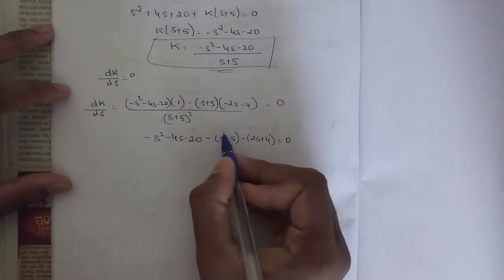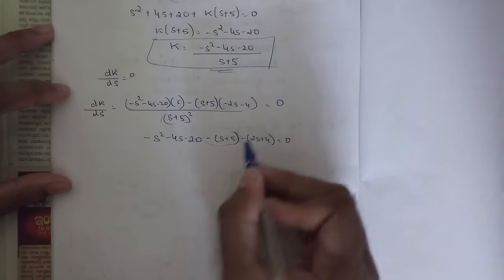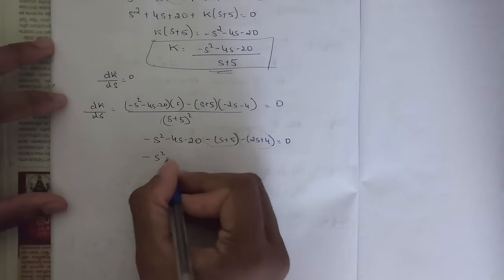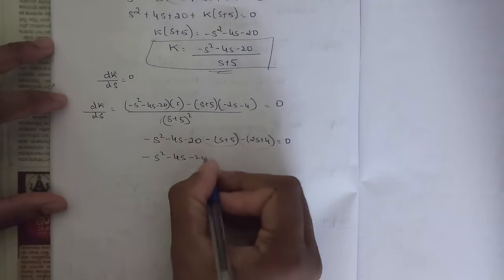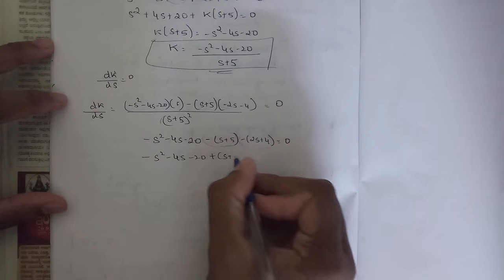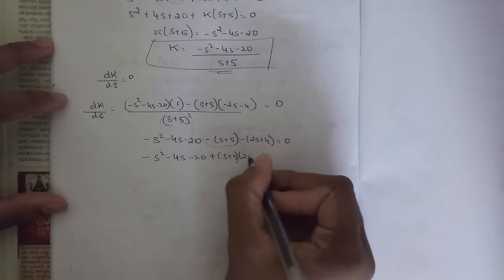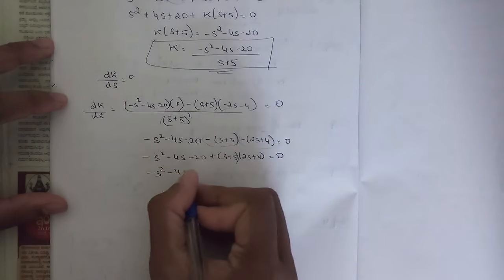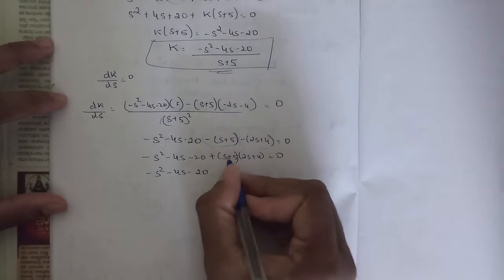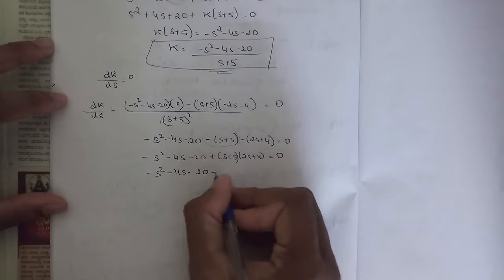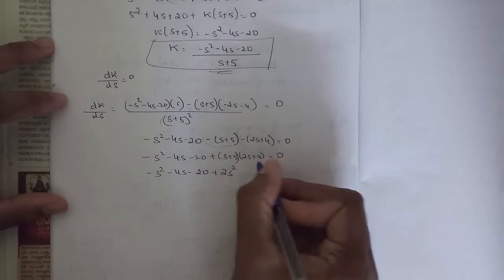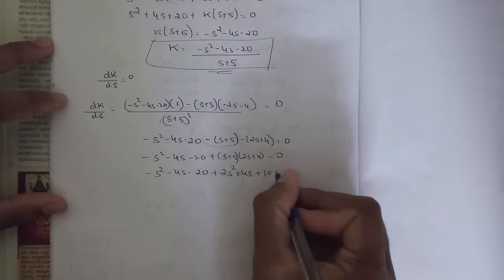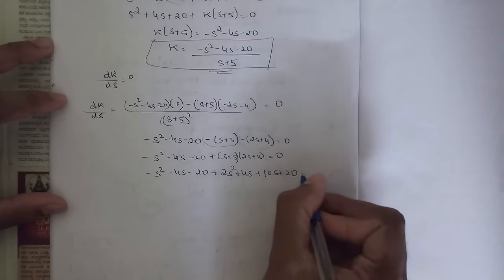If you observe carefully, these both are getting multiplied, so minus into minus is plus: minus s square minus 4s minus 20 plus (s plus 5) into (2s plus 4) equal to 0. Then solve this: s into 2s is plus 2s square plus 4s, 5 into 2s is 10s, 5 into 4 is 20, equal to 0.